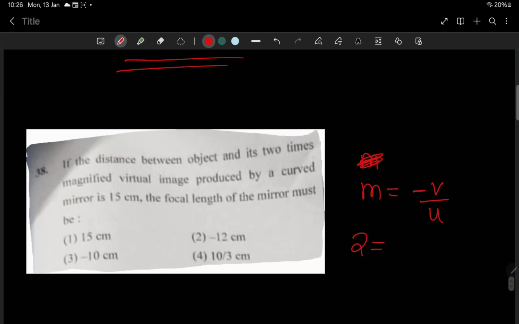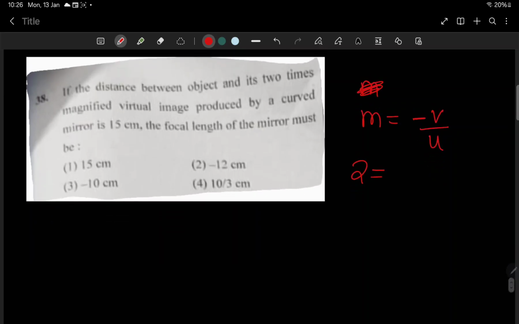So 2 times magnified. You know that for a mirror, magnification is equal to minus V by U. Here it is given as 2 times magnified. If it is virtual, we get it positive. Why do we get it positive?